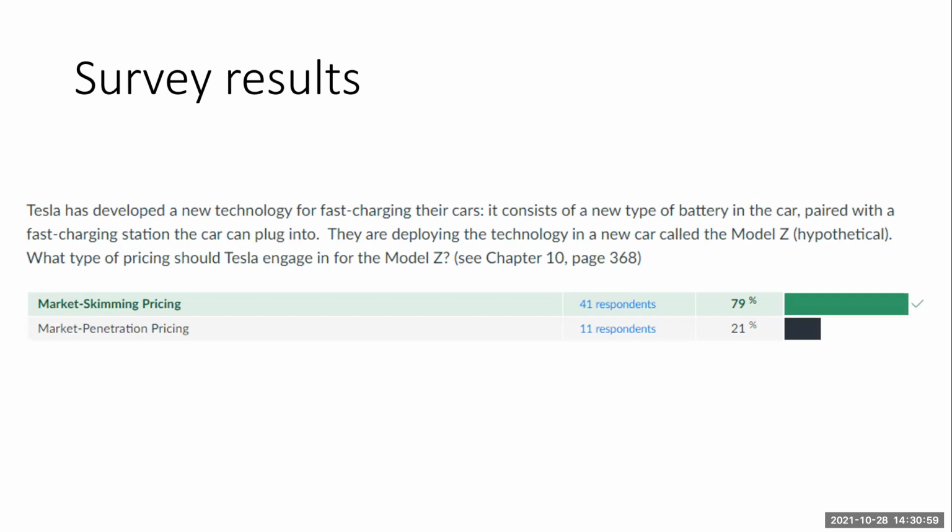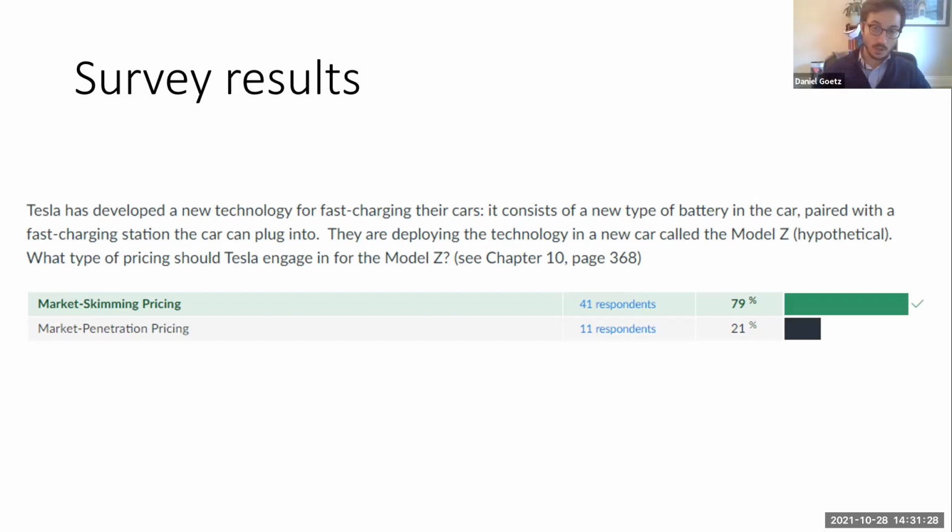And like the case says, since Model Z is their newest technology, I feel like Tesla has other product lines such as Model 3, Model Y, Model X. I feel this model can also be upgraded with other technology on top of it, and Model Z would just be their basic model with new technology, just like what Apple did.